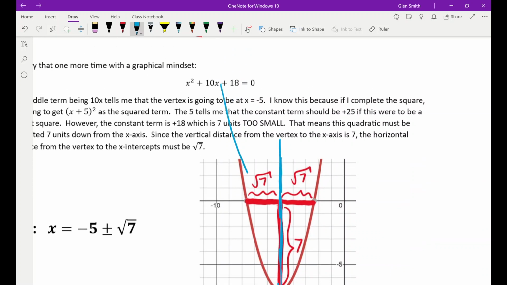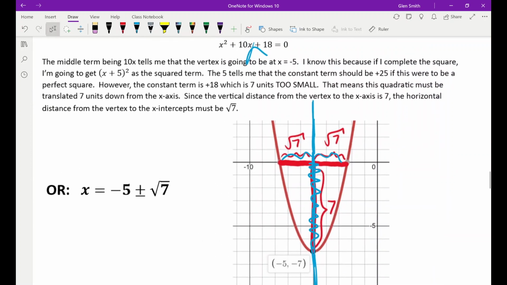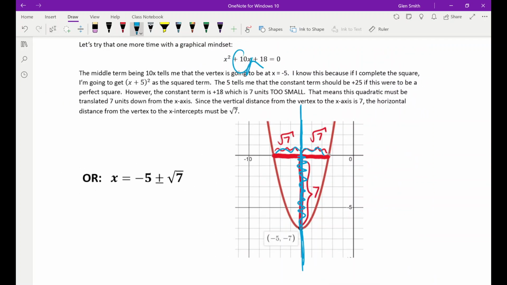Remember, the perfect square would come down, touch the x-axis, and go back up again right at the -5. So if it's 7 too small, that means it's shifted down 7, which means the zeros are over root 7, up root 7 and down root 7, left root 7 and right root 7. So the answers are -5, which came from this 10, plus or minus root 7, which came from how far off this number, 18, was from the 25.